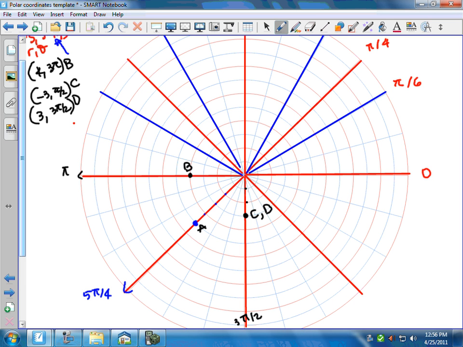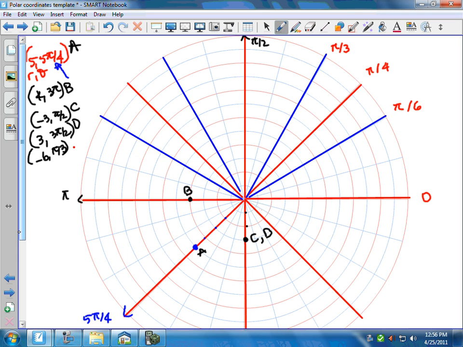All right, can you graph part E, please? That was negative 6 comma pi over 3. So where did you put it? First you go to pi over 3.